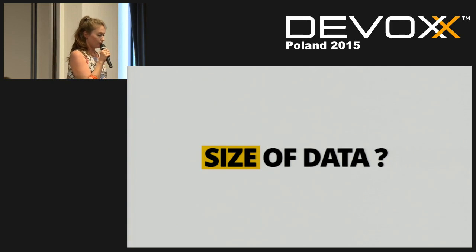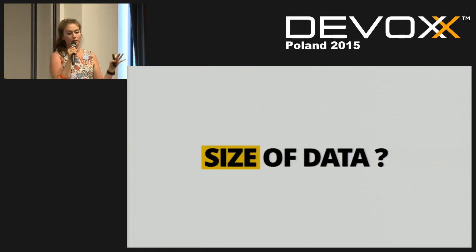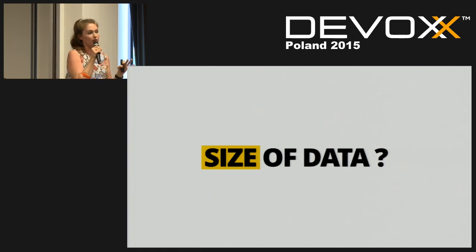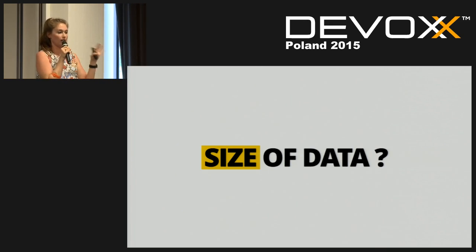First of all, the size of the data. As I mentioned, for Morrison, the supermarket chain, it was totally sufficient to use web storage, which is really easy to use. It has a really simple API, and for them this was enough to persist their queue data.